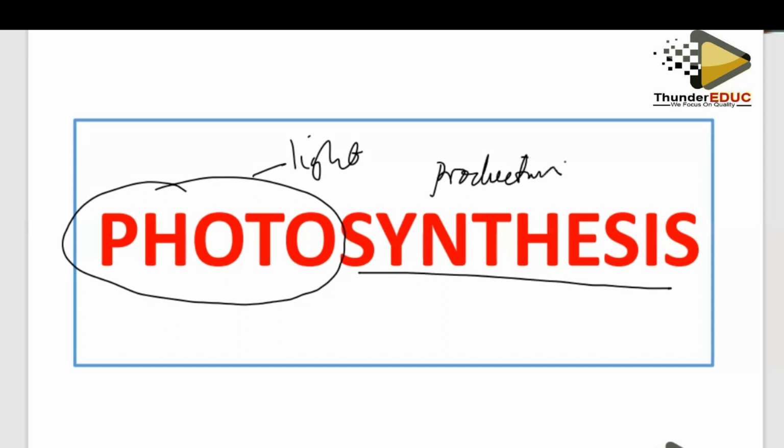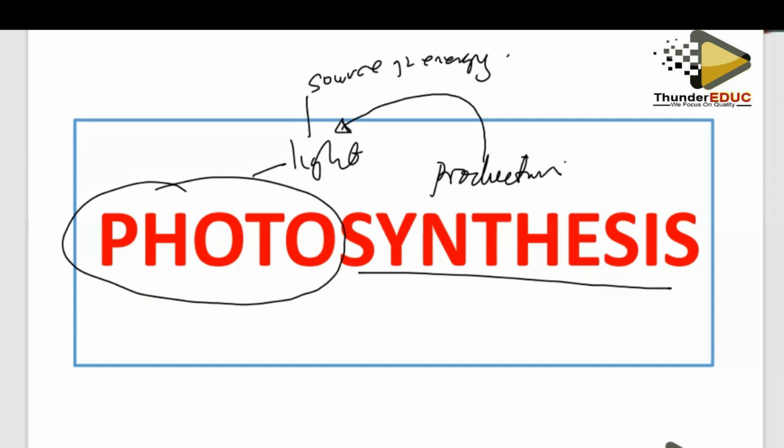or manufacture. So in this case, it means that this process leads to the production or the manufacture of whatever it's manufacturing, but using light as a source of energy.